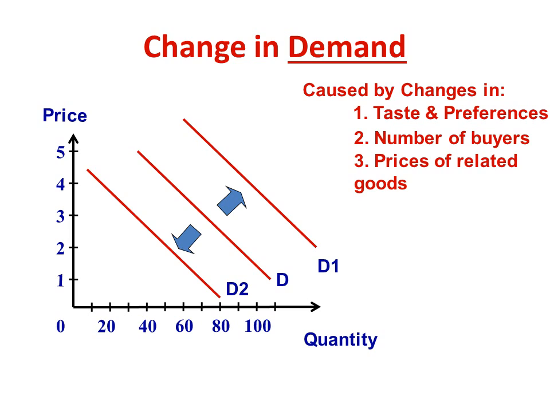Ceteris paribus, other things being equal. And a decrease in the price of potatoes will cause a decrease in the demand for rice. So that's how changes in the price of a substitute product will affect the demand for the product in question.